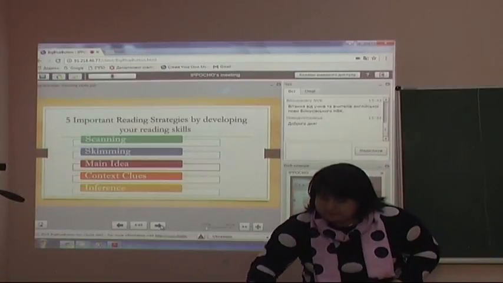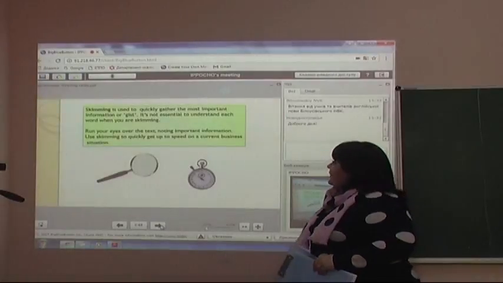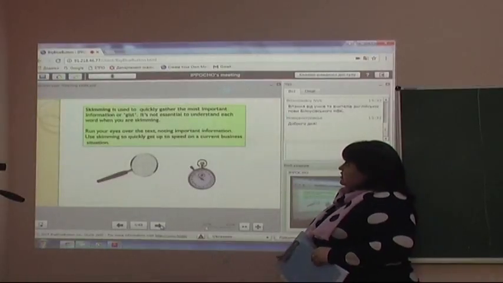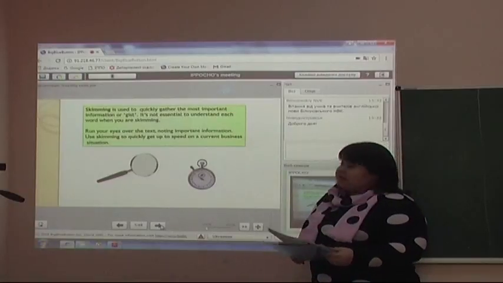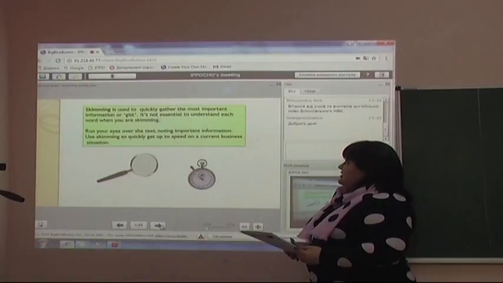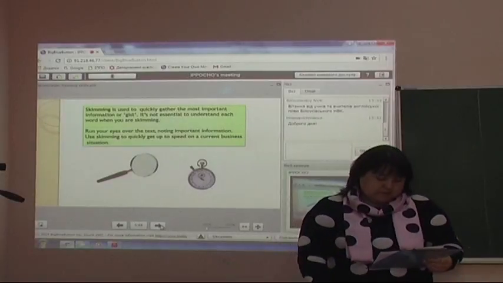So let's see. The first one is skimming. Skimming is used to quickly gather the most important information, or how we can call it, guess. It's not essential to understand each word when you are skimming.